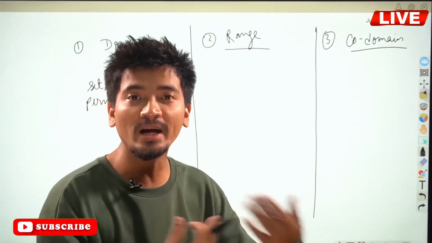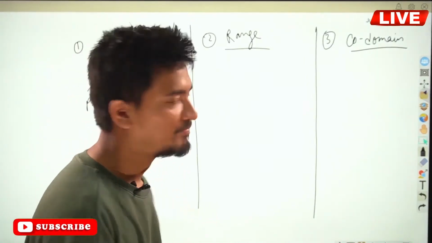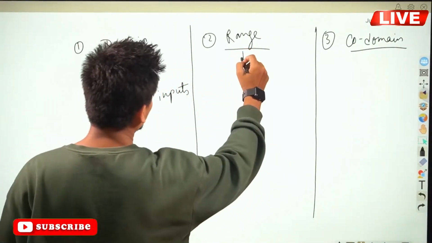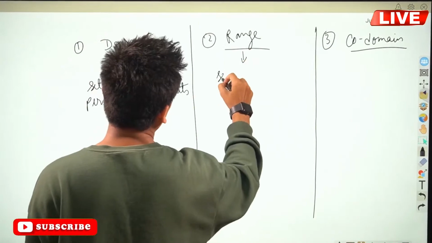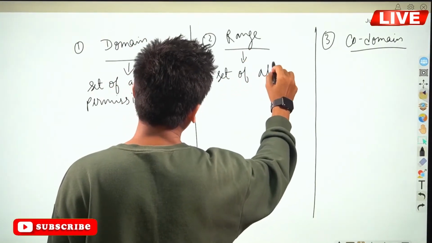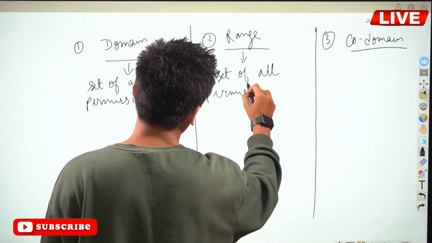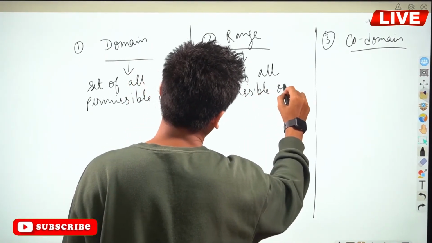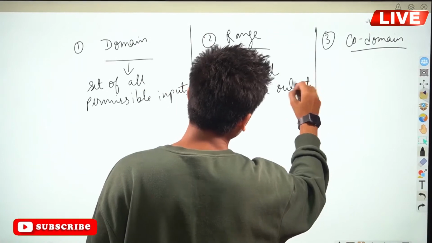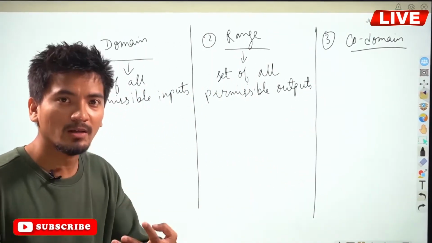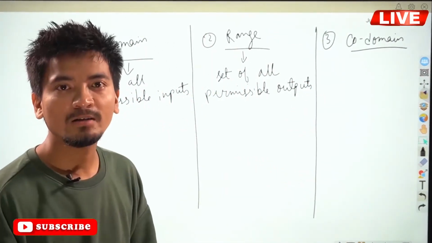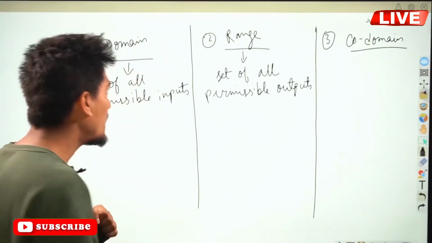What inputs we are giving, right? Range means the set of all permissible outputs. That means what inputs we are giving and what outputs we are gaining. Okay.